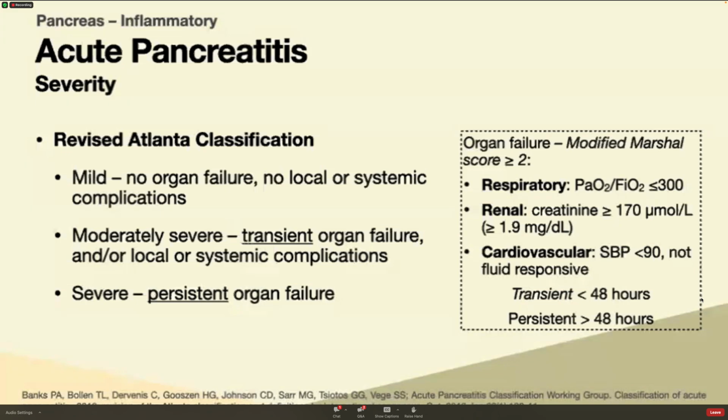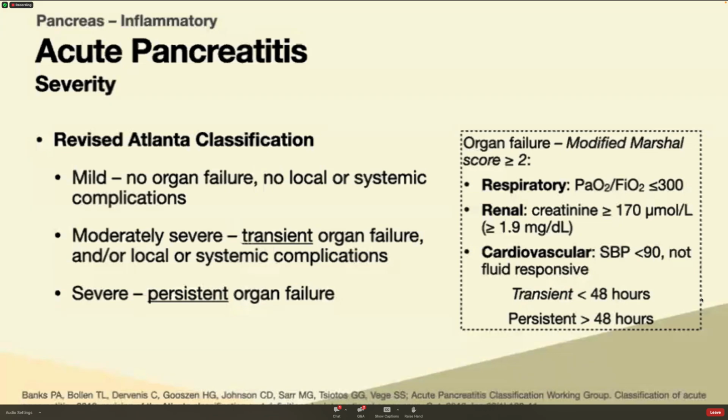So for mild, there's no organ failure and no local complications. With the presence of transient organ failure, meaning less than 48 hours, or the presence of local complications such as the ones mentioned earlier, walled-off necrosis, pseudocyst, this automatically classifies the patient as a moderately severe pancreatitis.